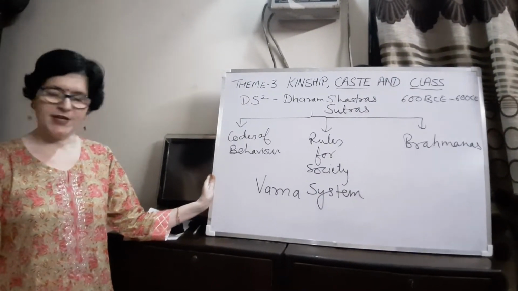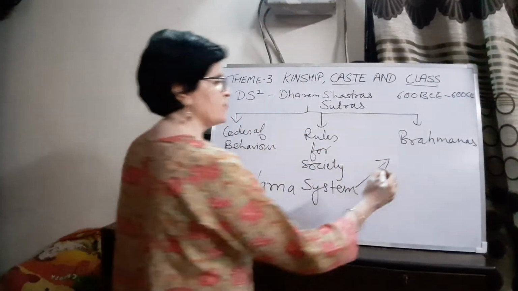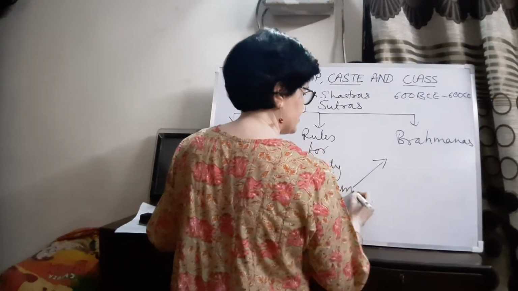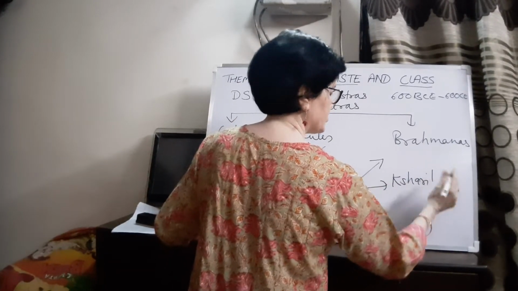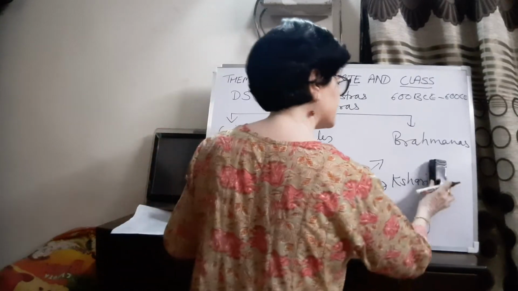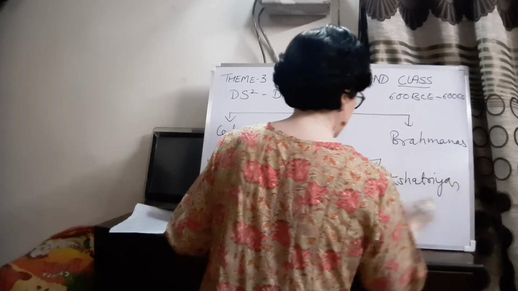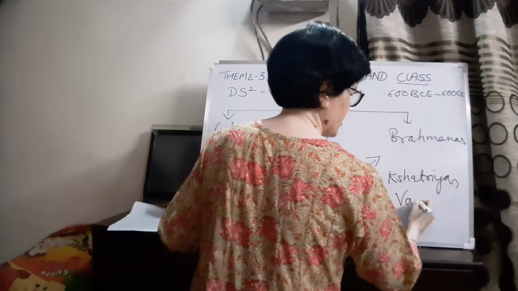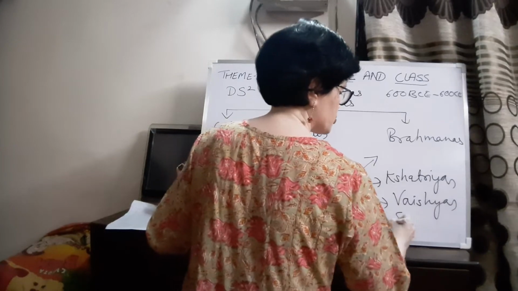We have the Varna system. In this we have 4 Varnas. First was Brahmanas, second was Kshatriyas, third was Vaishyas, and fourth was Shudras.